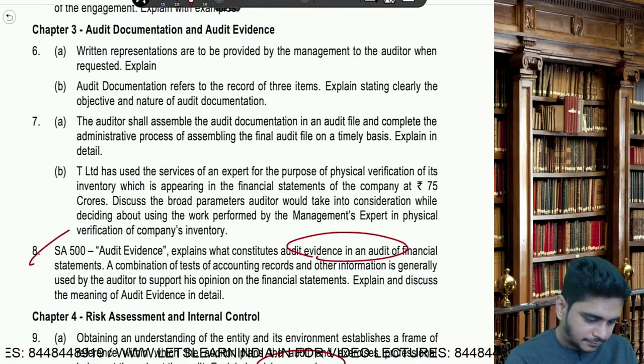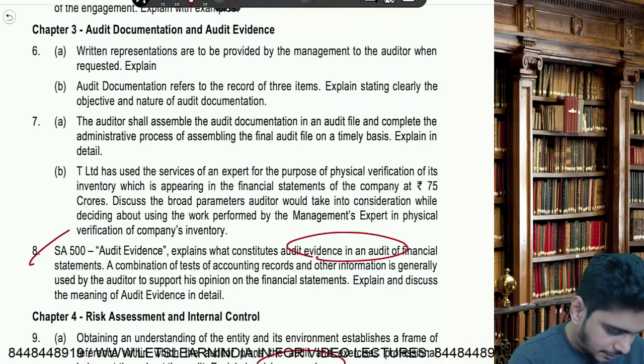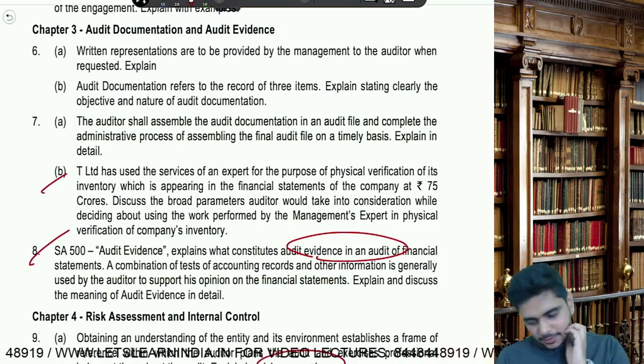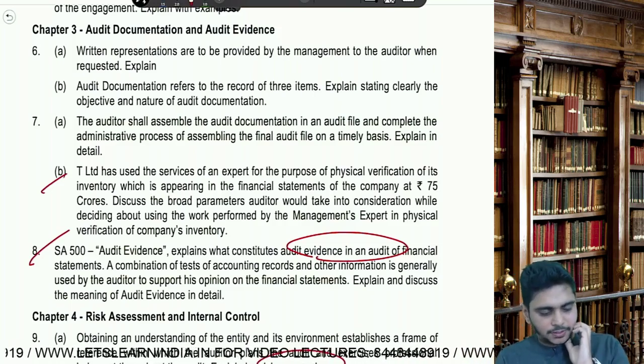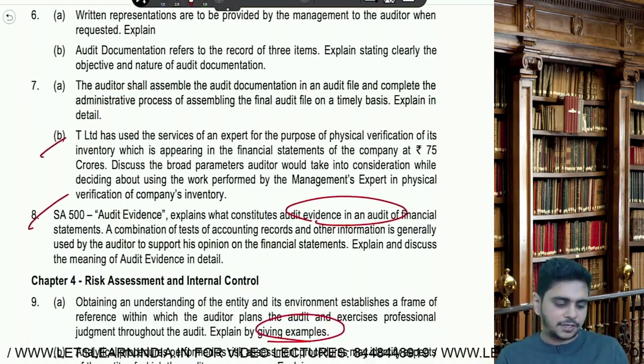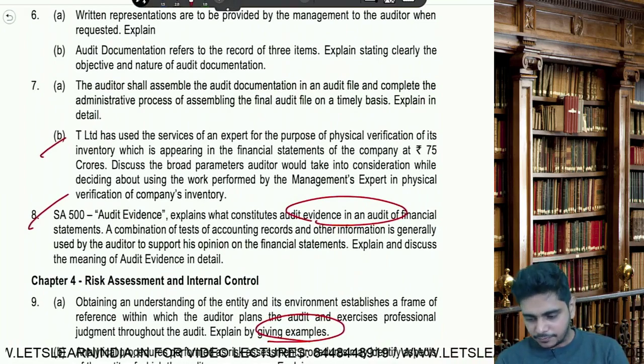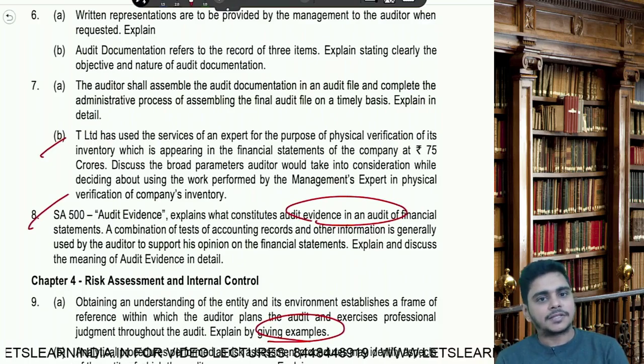Then question 7. T Limited has used the service of an expert for the purpose of physical verification of its inventory, which is appearing in the FS of the company at 75 crores.